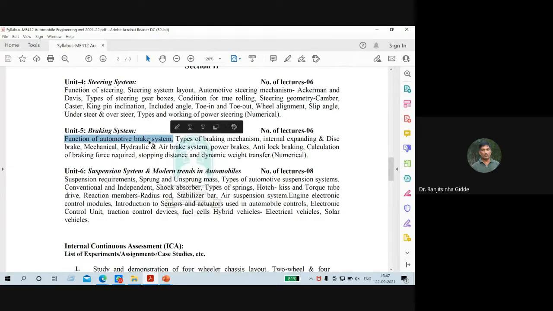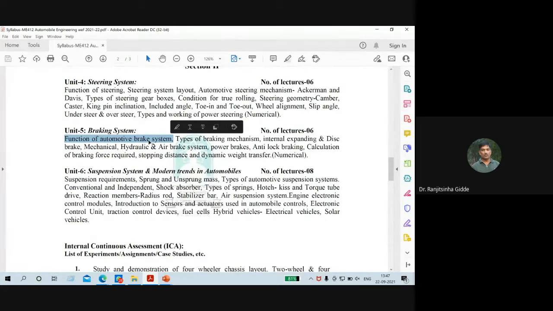Brakes are required whenever the vehicle is in motion, to stop the vehicle. To control the motion of the vehicle, brake is required. So there are different types of braking mechanism: internal expanding and disc brake mechanism.